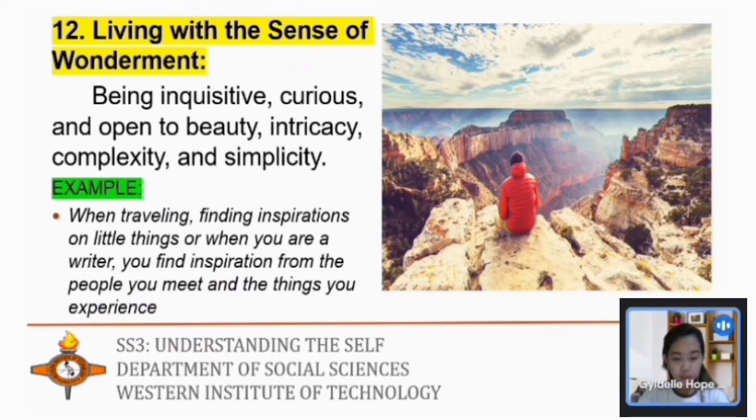Wonder is a feeling of surprise, amazement. Also, wonderment is a feeling of surprise and joy. For example, when traveling, finding inspiration in little things, or when you are a writer, you find inspiration from the people you meet and the things that you experience.